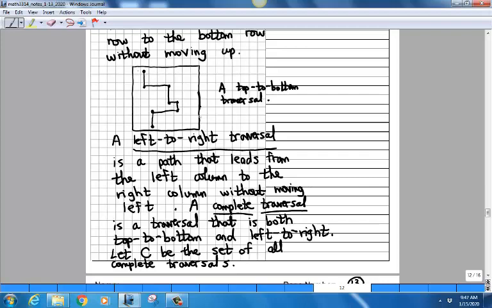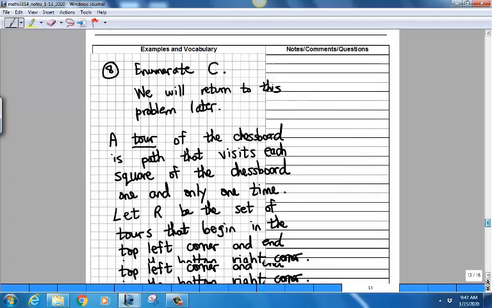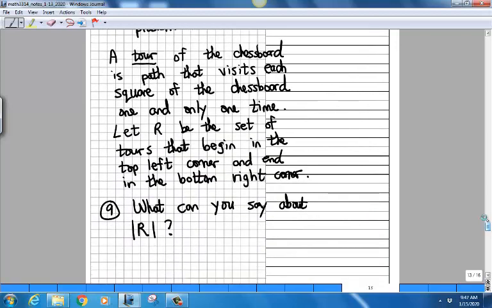Now, another fun idea you can define for chessboards is what's called a tour. With a tour, you're going to visit every square of the chessboard.